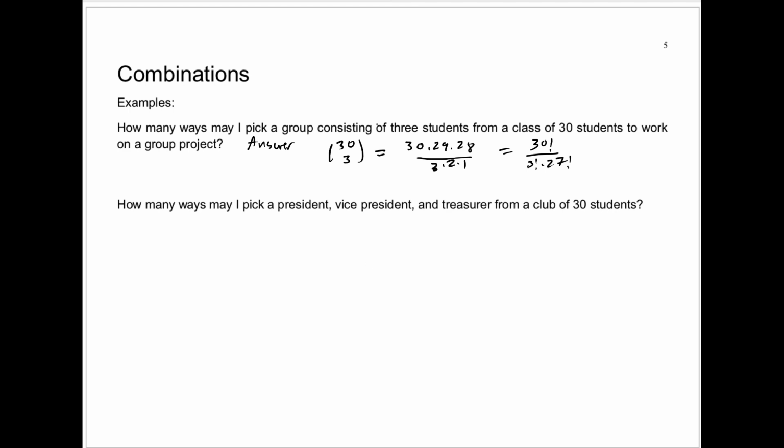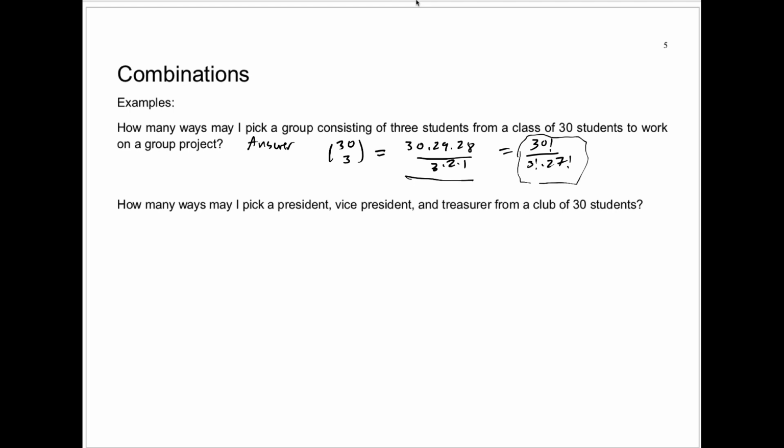If you're just computing it by hand, even though this might look like a beautiful formula, which it is, these are big numbers, 30 factorial and 27 factorial, and in this case they mostly cancel out, so it's often better to use this form. Which form is nicer depends on what you want to do with it. If you want to write down the answer on a quiz, either form is just fine.